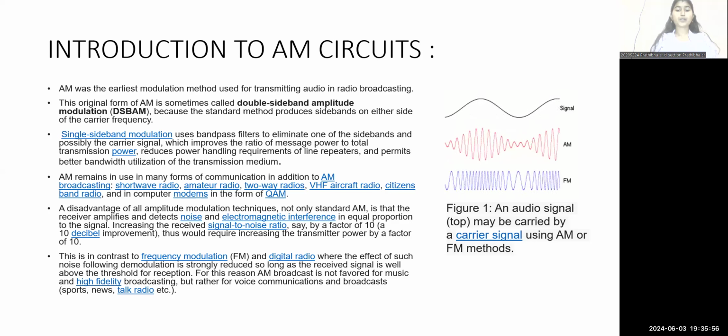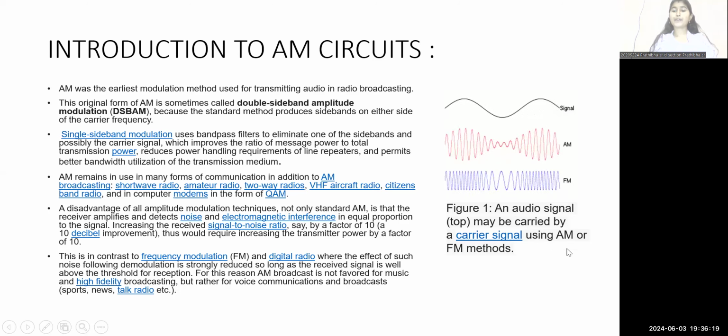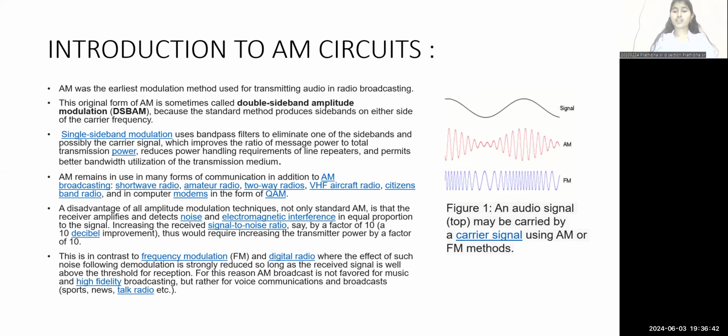For this reason, amplitude modulation broadcast is not favored for music and high fidelity broadcasting, but rather for voice communications, and is used for sports, news, talk radio, etc. The figure shows an audio signal at the top, which may be carried by a carrier signal using amplitude modulation or frequency modulation methods.